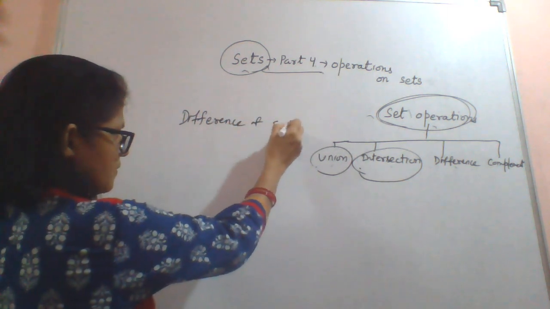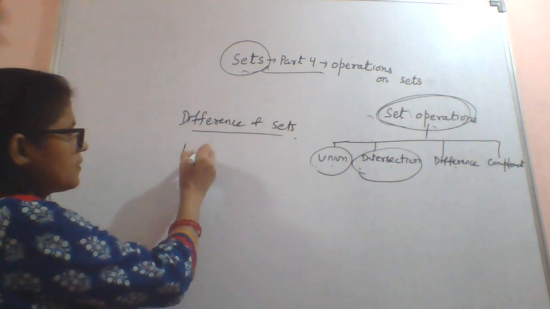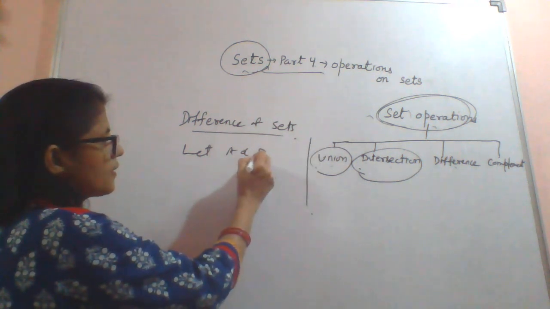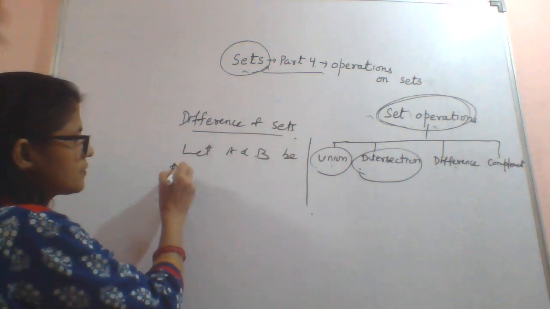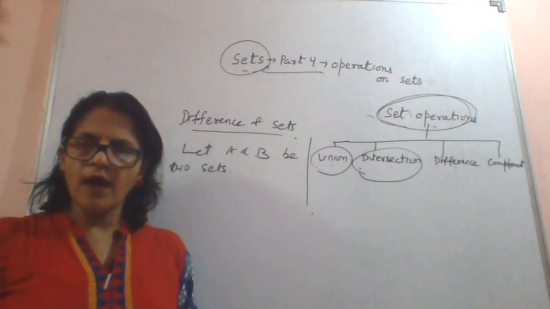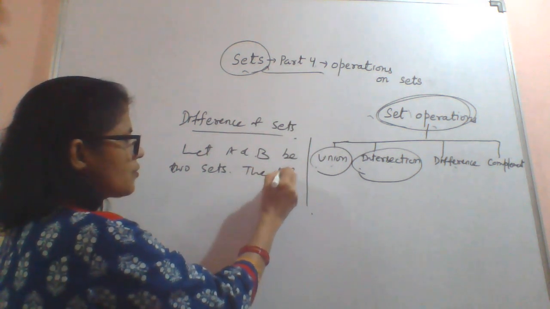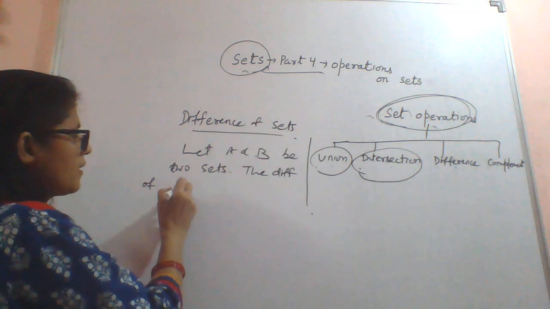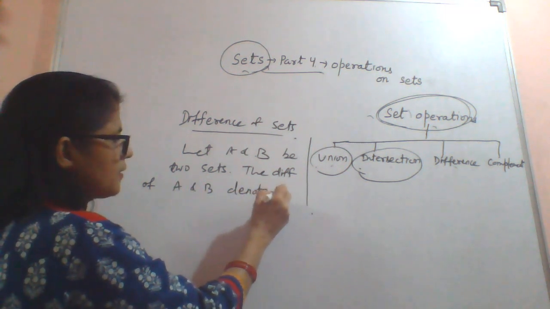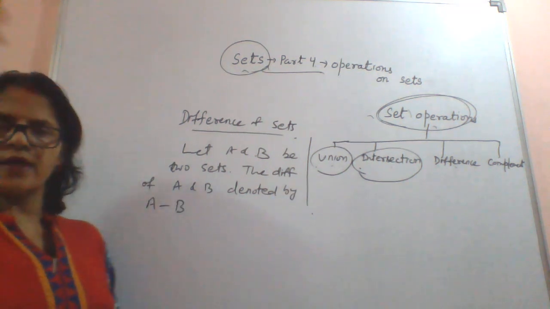So difference of sets means what? Let A and B be two sets. The difference of A and B is denoted by A minus B. We write like this.